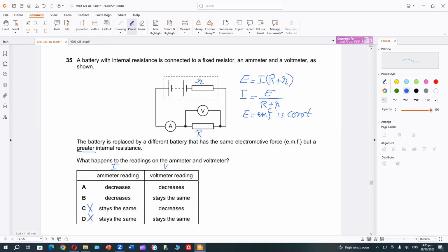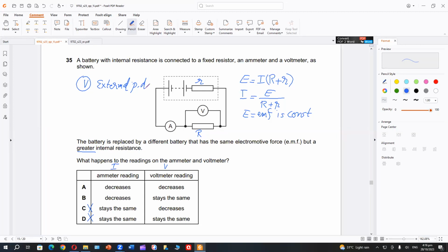Now the game is between A and B. This voltmeter is giving us the external PD, the terminal PD. When internal resistance increases, do you think a greater voltage will be lost inside the battery? Yes, so the voltmeter reading will also decrease, because the internal resistance will take more share.